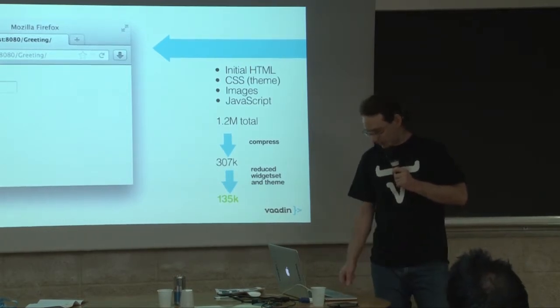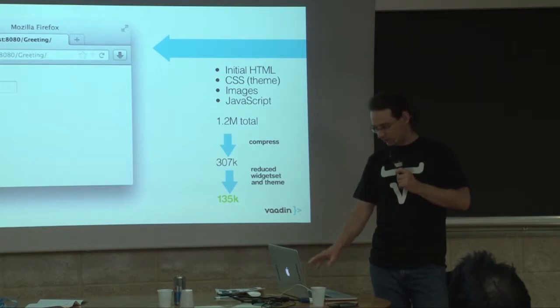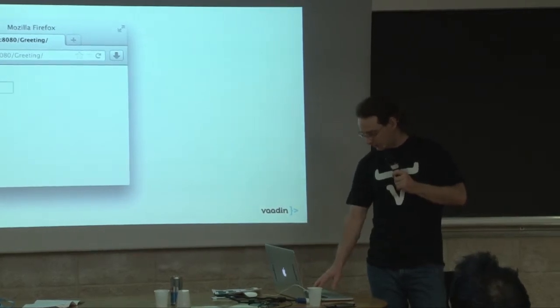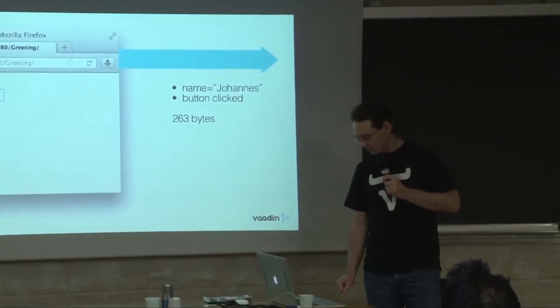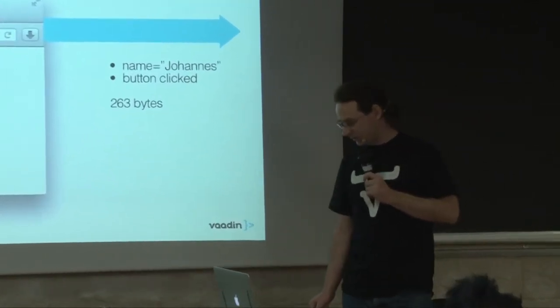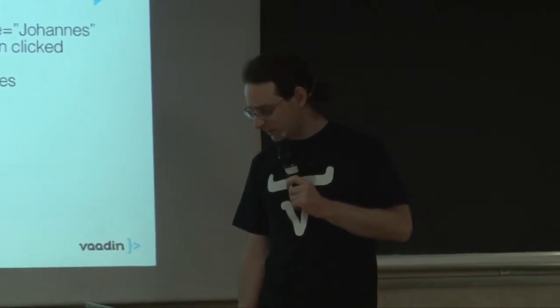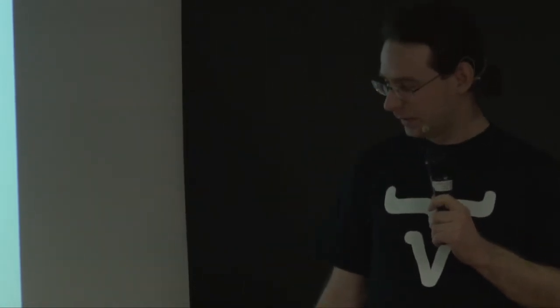After this page is displayed, the user can interact with it. For example, the user enters his name and clicks the button. So what happens is that the client side sends a message to the server side with the new content of the text field, and also information that the button was clicked. This message size is very small. It's less than 300 bytes.